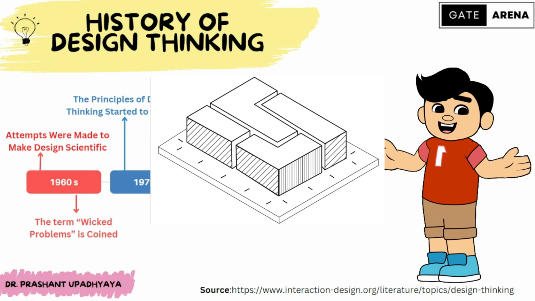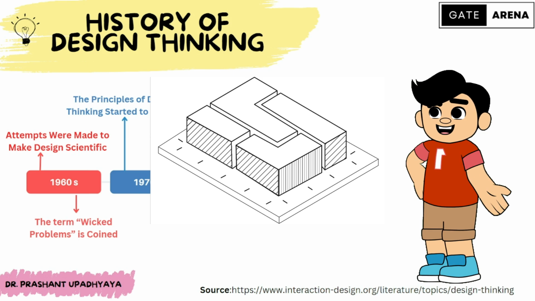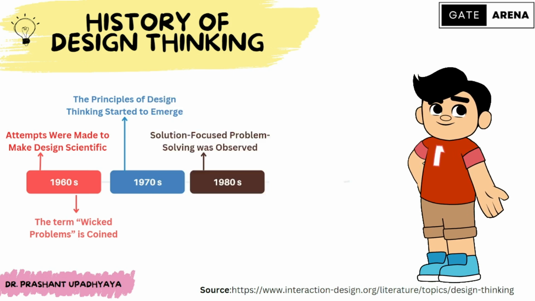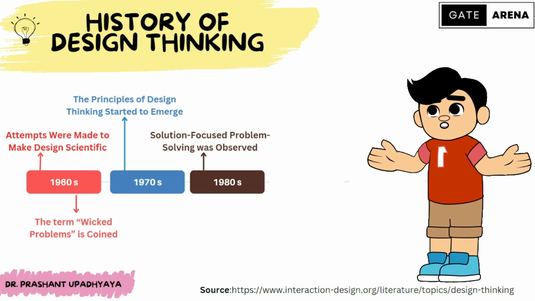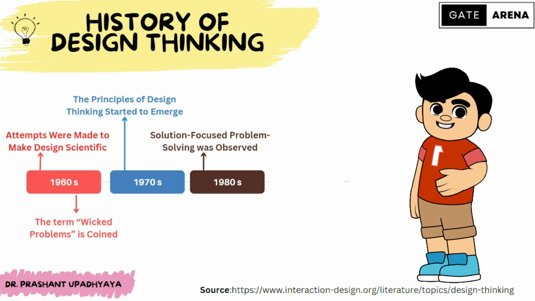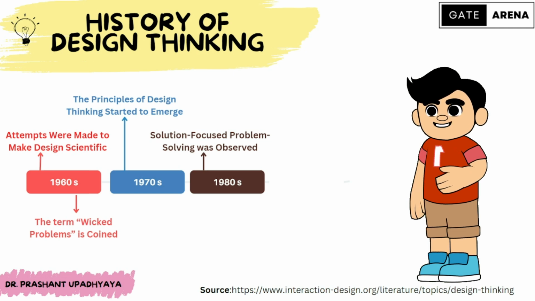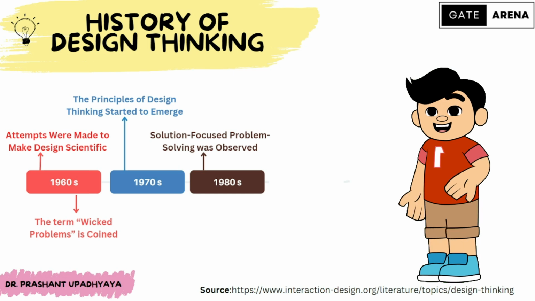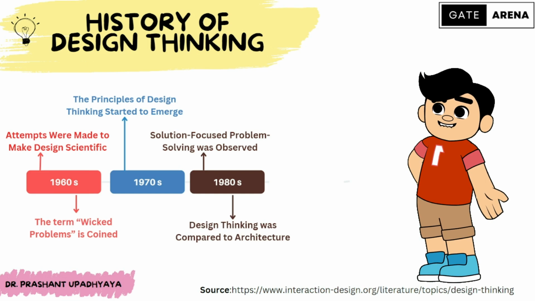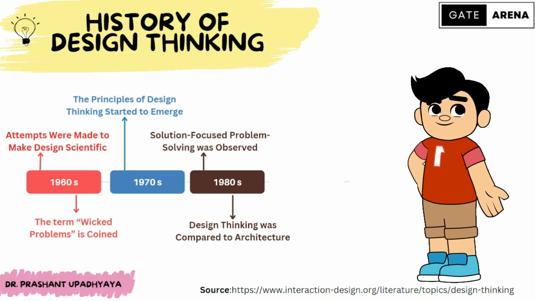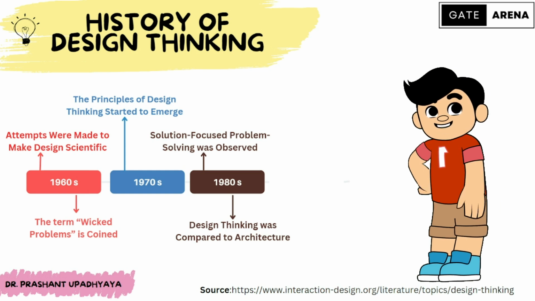It was observed that the scientists were problem-focused problem solvers, whereas the designers were solution-focused. The designers chose to generate a large number of solutions and eliminate those which did not work for them.